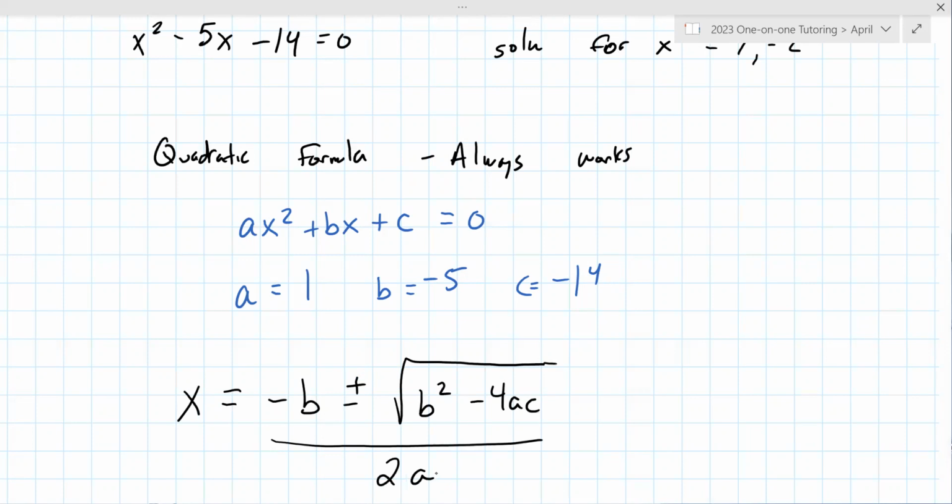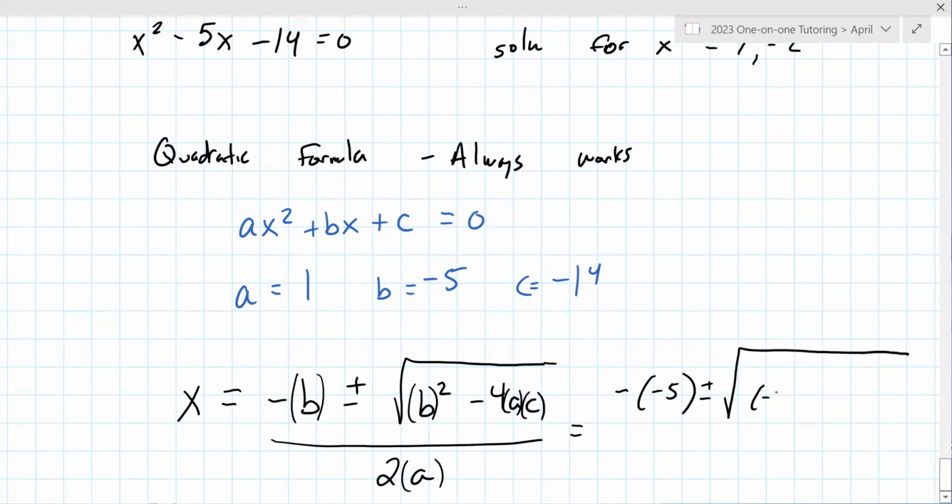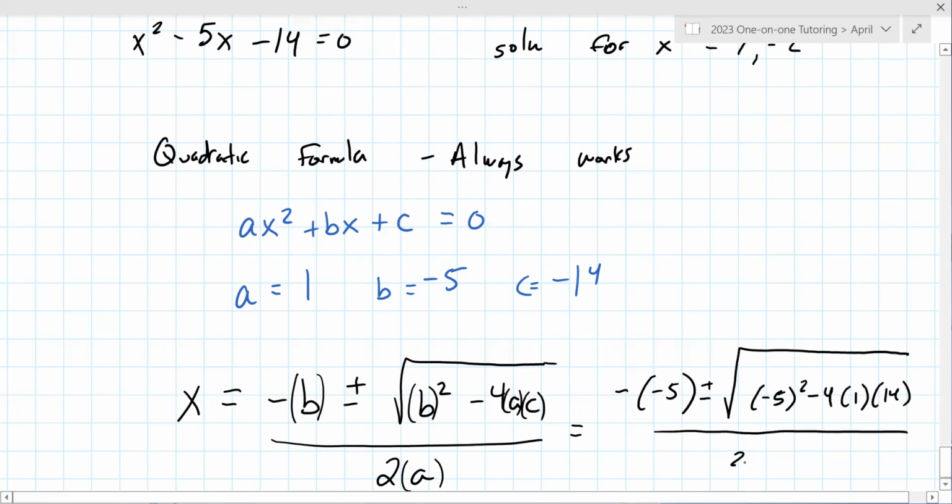You take those a, b, and c values and you substitute them into the formula. Now, as a reminder, you really want to substitute in parentheses. So it's like this: minus (-5) plus or minus the square root of (-5) squared minus 4 times 1 times (-14), all over 2 times 1, like that.